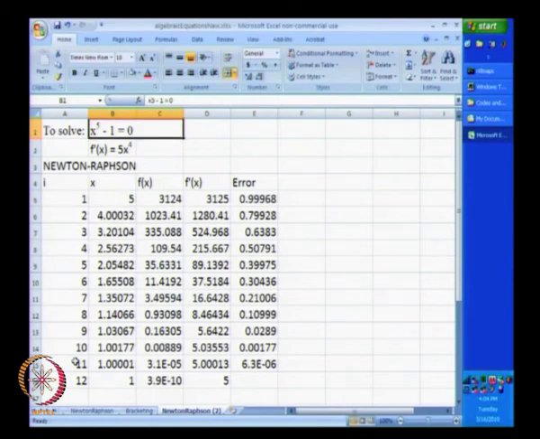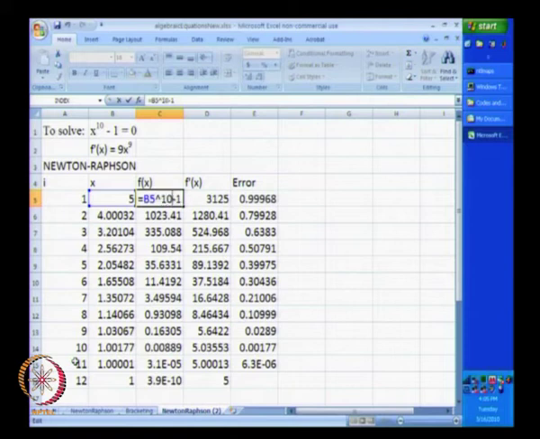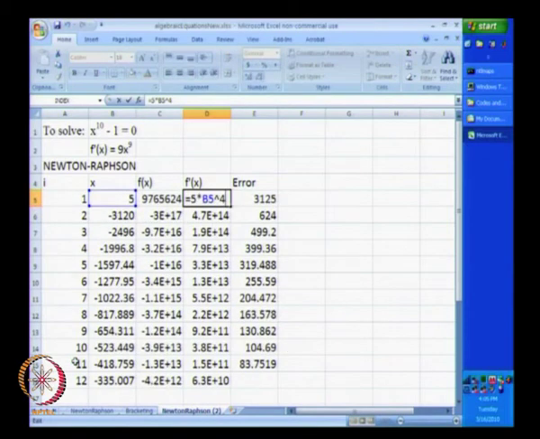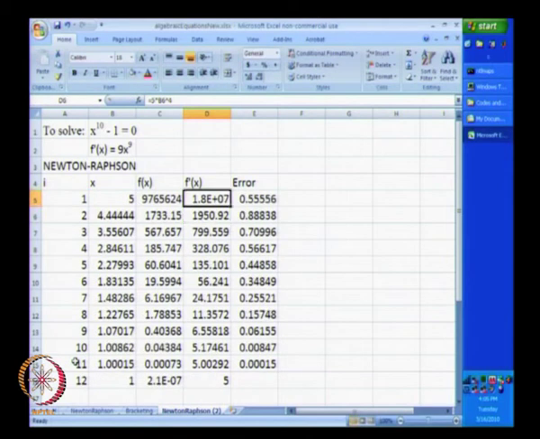Now if we were to go from x to the power 5 minus 1 to x to the power 10 minus 1, in which case our f dash is going to be 10 times x to the power 9. Okay. In that particular case we are going to find that the overall convergence is going to slow down even further. So we make those changes, and over here we have 10 into x to the power 9.